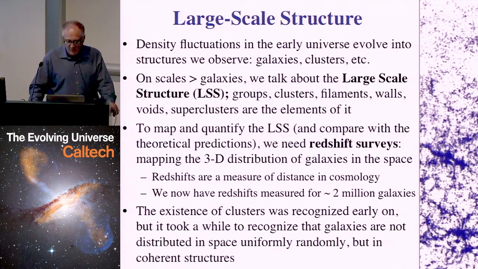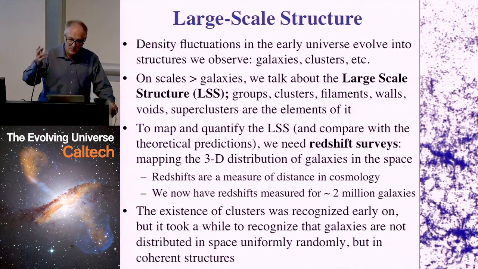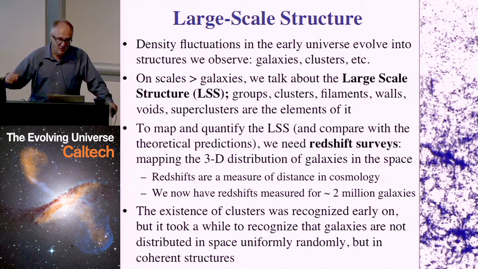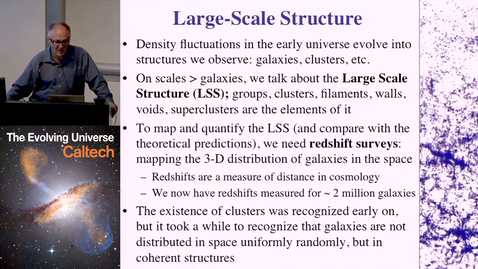So the way we map this out is we need to measure distances to galaxies that form large-scale structure. And we do this by measuring redshifts, the velocities of galaxies. You probably know that the universe is expanding, and the recession velocity of a galaxy is proportional to its distance. We'll go through that in more detail later.